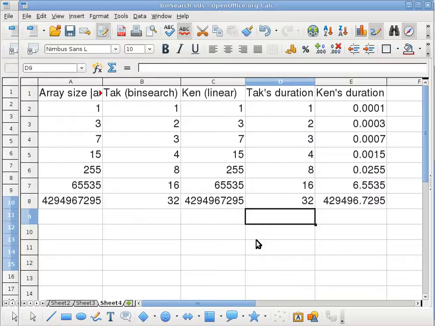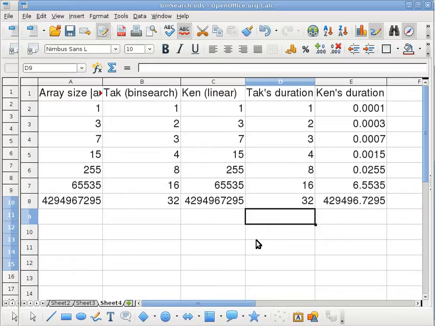What about my algorithm? It's a log-like function, because the amount of time is the log of the size. So it's proportional to the log of the size.